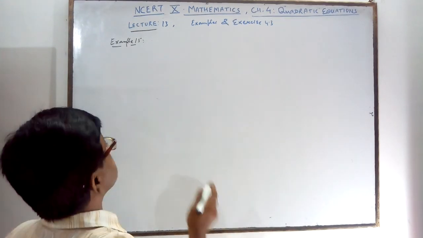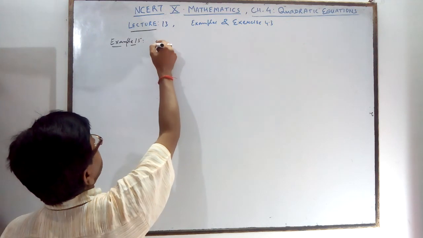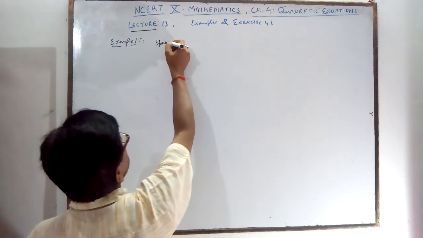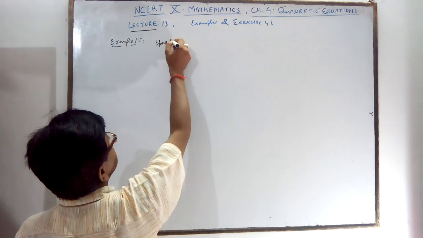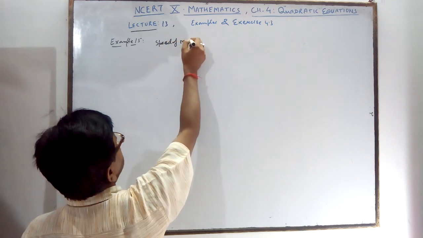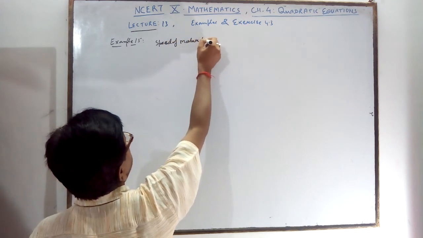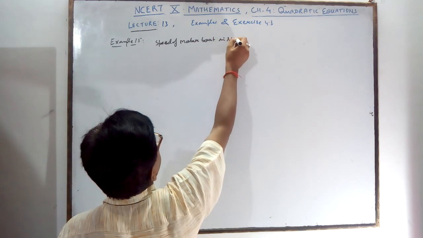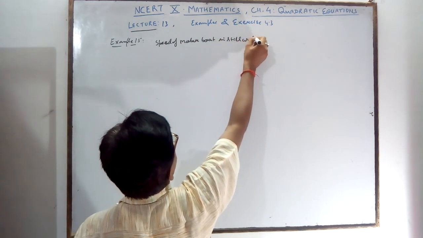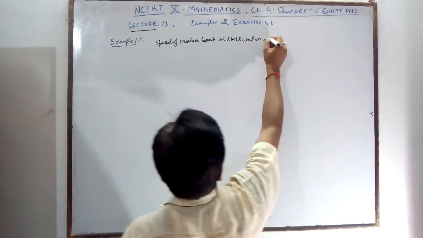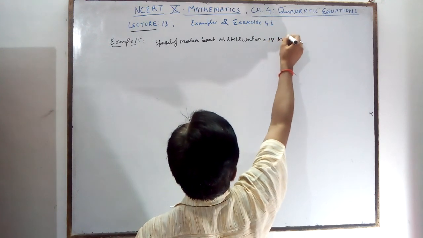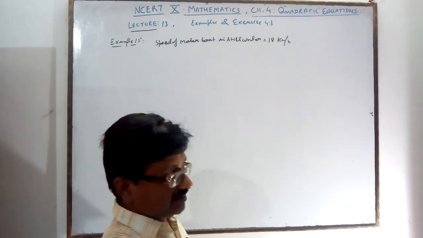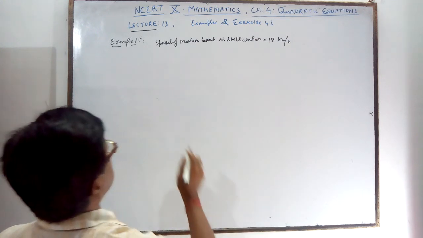In still water, its speed is given: 18 km per hour, the speed of the motor boat in still water.